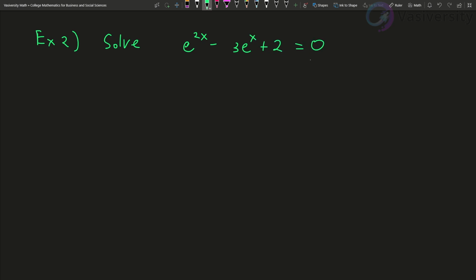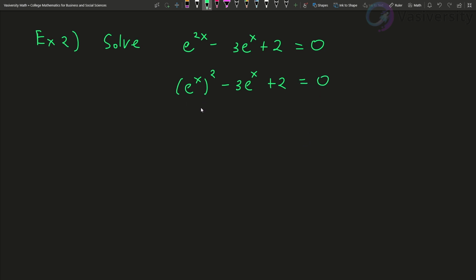So what we want to do is we want to rewrite the equation and find the solution, right? We want to find the x value. So here we got to notice, and remember the power rules. So e to the 2x is the same thing as e to the x squared, minus 3e to the x plus 2, is equal to 0.